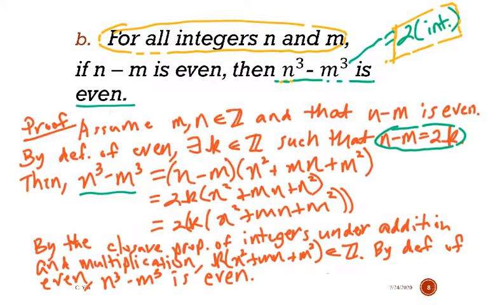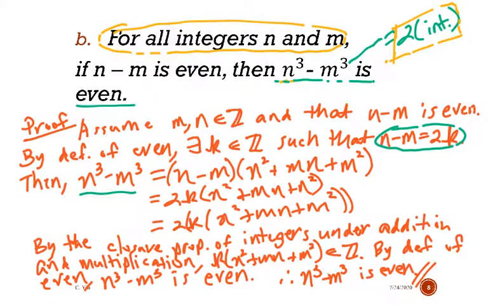If you want to write the final therefore, it's fine, but I hope you see that in this particular case you just really ended with n cubed minus m cubed is even. It won't always be that case, so typically in a proof you would see something like therefore n cubed minus m cubed is even. I'll put it here just for emphasis for right now, but that would be the end of your proof here.